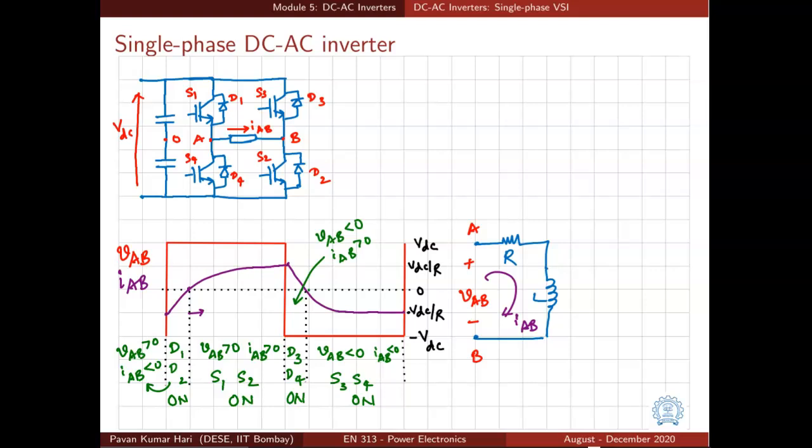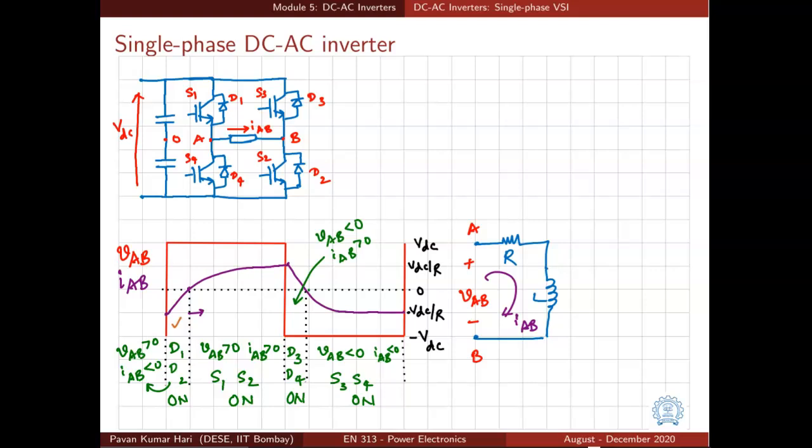For that we need to look at both voltage and current waveforms of the load, the voltage across the load and current through the load, that is VAB and IAB. Let us consider the simplest case of square wave operation. So in square wave operation, if the load is RL, then the current will exponentially rise and will exponentially fall, and the time of fall or time of rise will depend upon the time constant L by R. We have also seen this kind of waveform in the examples shown earlier.